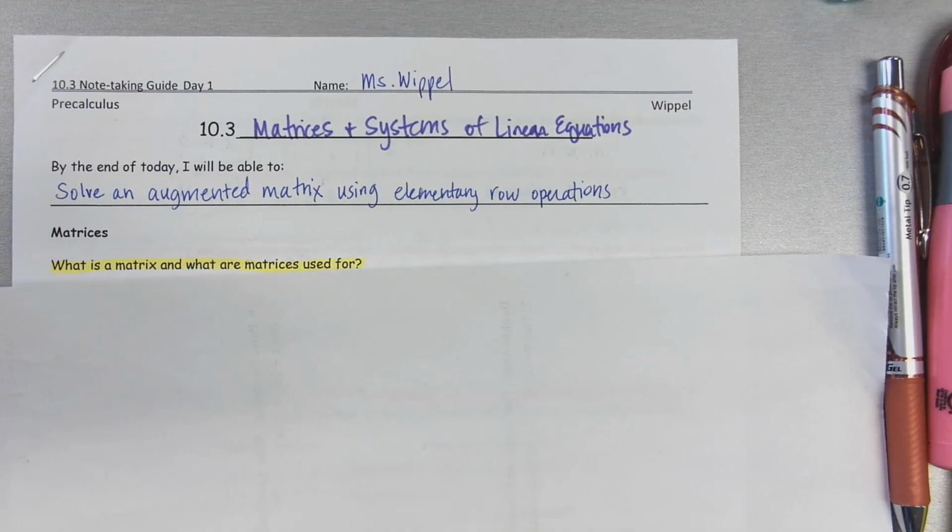Okay, so in 10.3, this is called matrices and systems of linear equations. And we're going to be solving something that's called an augmented matrix, which I know you don't know what it is right now.